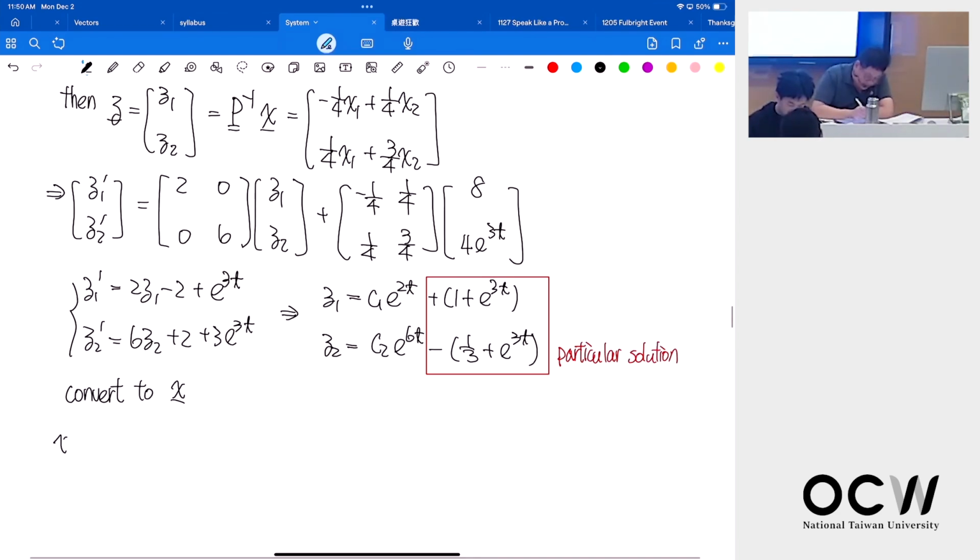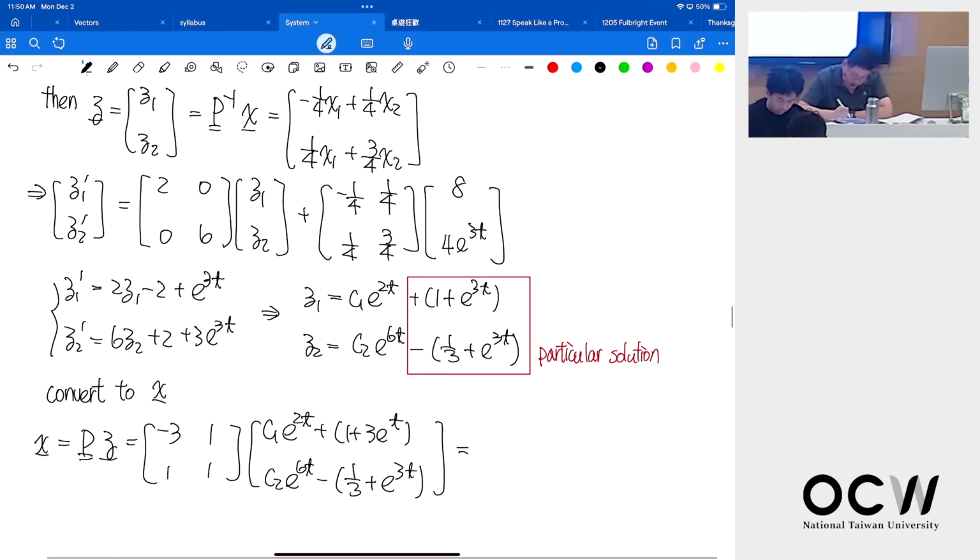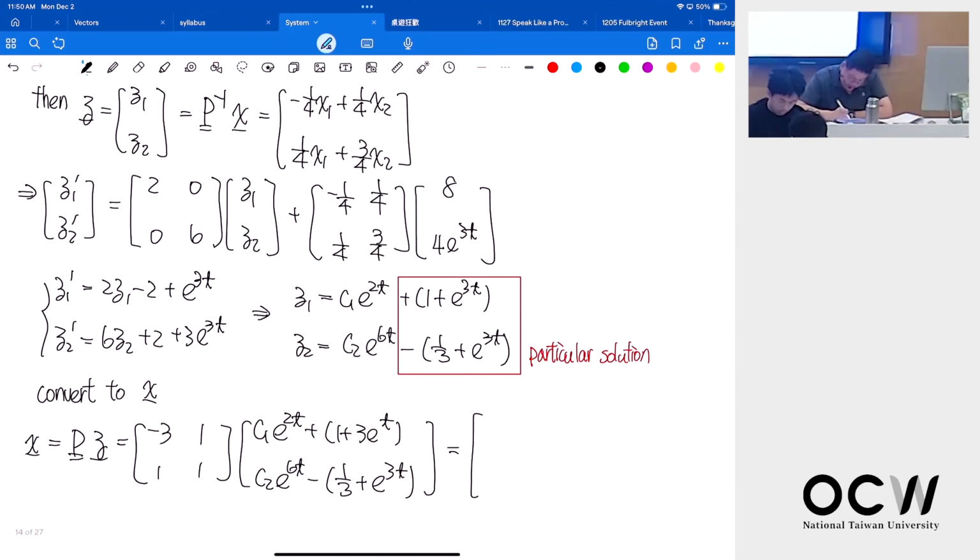And what is x? P, z. So we have a p and we also have a z. Then you can rearrange that to get your fundamental matrix times your constant c.